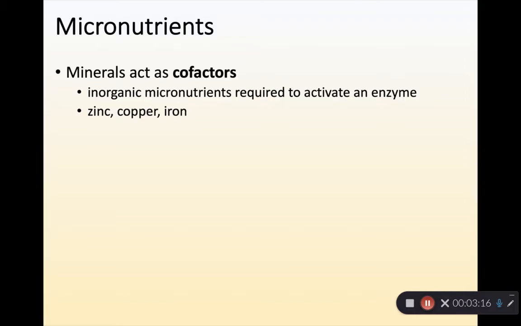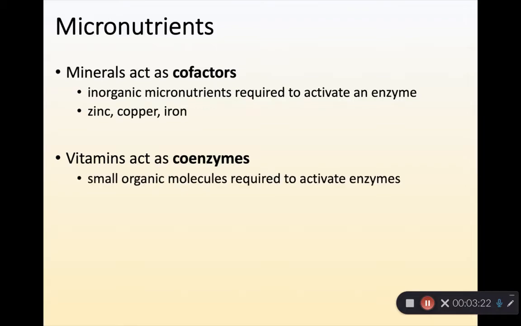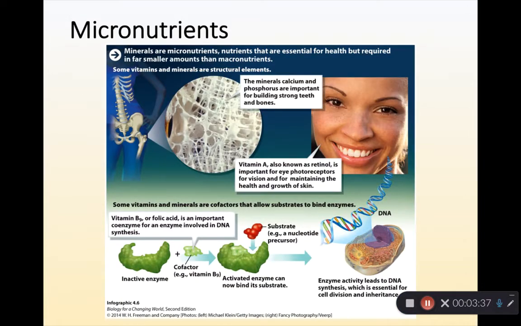Examples of these are zinc, copper, and iron. Whereas vitamins act as coenzymes, small organic molecules that are also required to activate these enzymes. So the big difference between these is inorganic and organic molecules that help activate different enzymes.